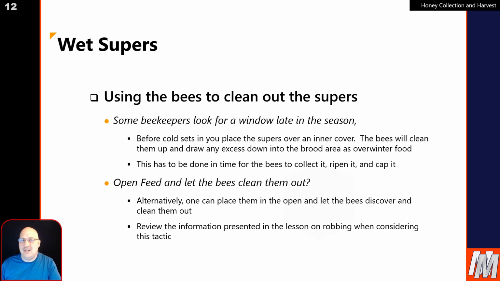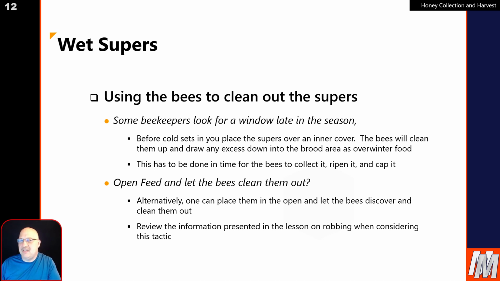One strategy to deal with this is to take the wet honey supers and place them over an inner cover. It would require you to have some additional piece of equipment, which is an inner cover to place between the brood boxes and your honey supers, and then you would keep the traditional inner cover over top of the honey supers and under the roof.